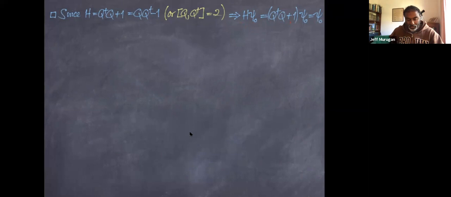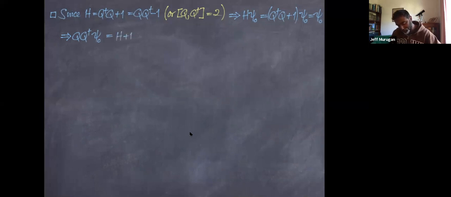So this means that Q dagger acting on psi naught is actually H plus 1 acting on psi naught, which is psi naught plus psi naught, or 2 psi naught.